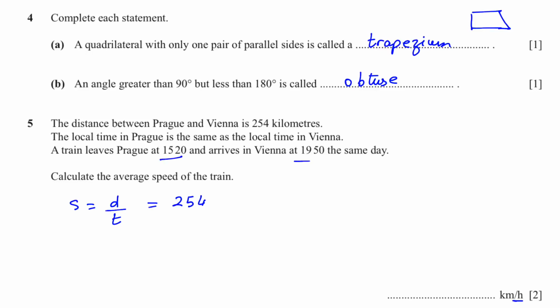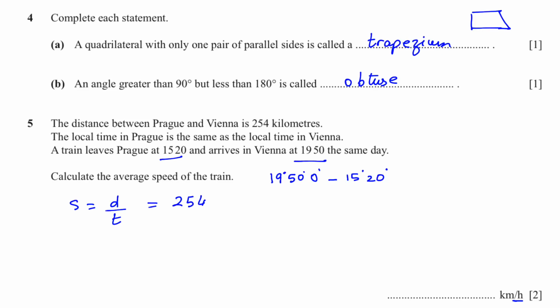What is the time between Prague and Vienna? You can use your calculator to solve this. In the calculator, you have that button. I'll show you. You can write 19:50 minus 15:20, and you will get your answer for the time.